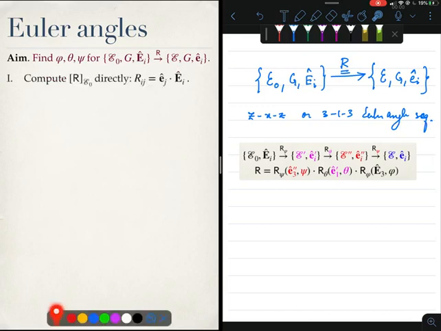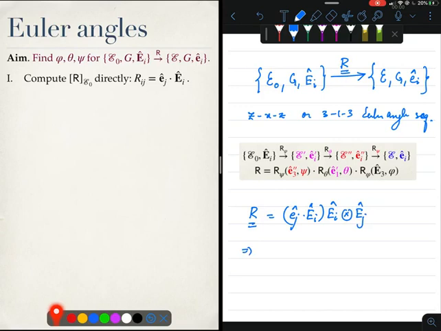Well, first of all, compute the matrix of R in E0, and this you can do because we have a formula for that, and the formula is given by this. So what we are saying is that the rotation tensor R is given by Ej dot Ei tensor Ej, right?